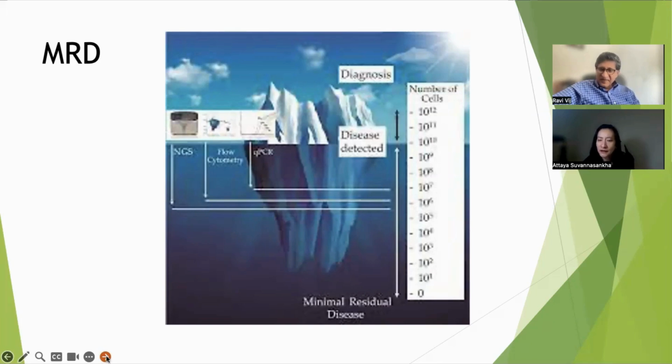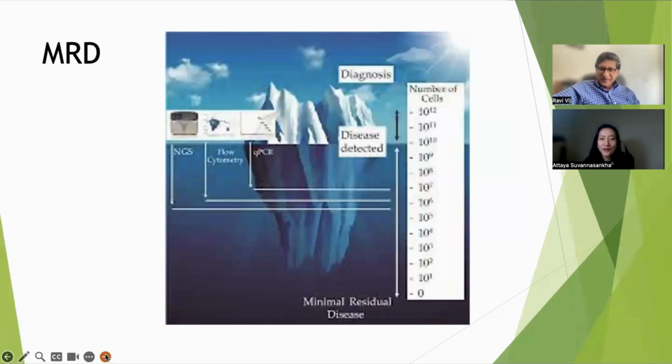That's not always an easy procedure for a lot of patients, and it also doesn't allow very frequent assessment. Many patients will say, well, I can get my M protein analyzed monthly. But for the bone marrow, anything more than once a year is a tall order.